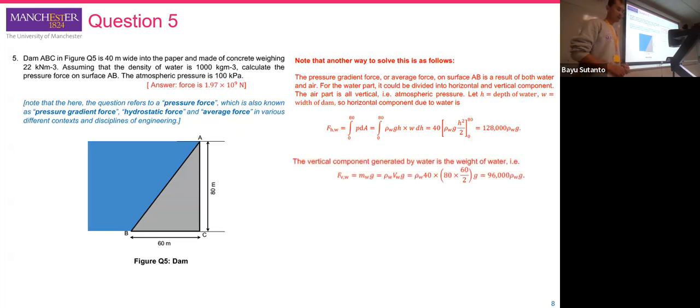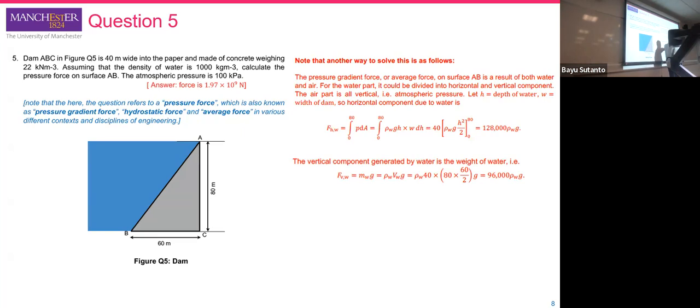And the vertical, because the vertical is the mass that we already discussed before, this is the prism mass of water above this dam construction. So the total force is going to be mass multiplied by gravity.